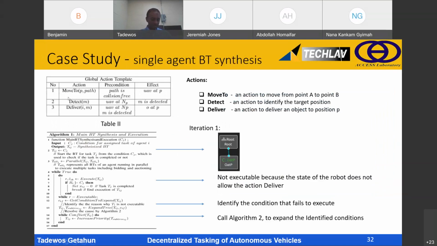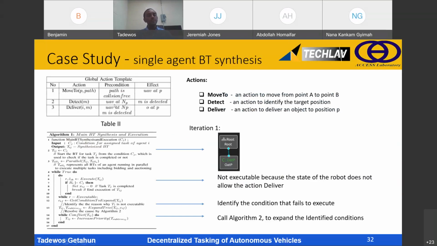The UAV has the following actions: move to, detect, and deliver. Each action has a precondition and post-condition. For example, for delivery, the UAV has to be at the required position, and also the red circle, or the M, has to be detected.